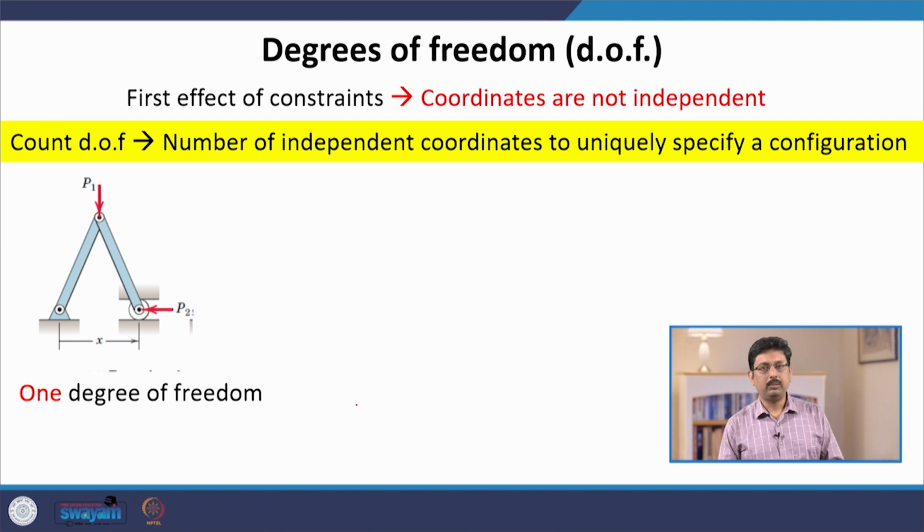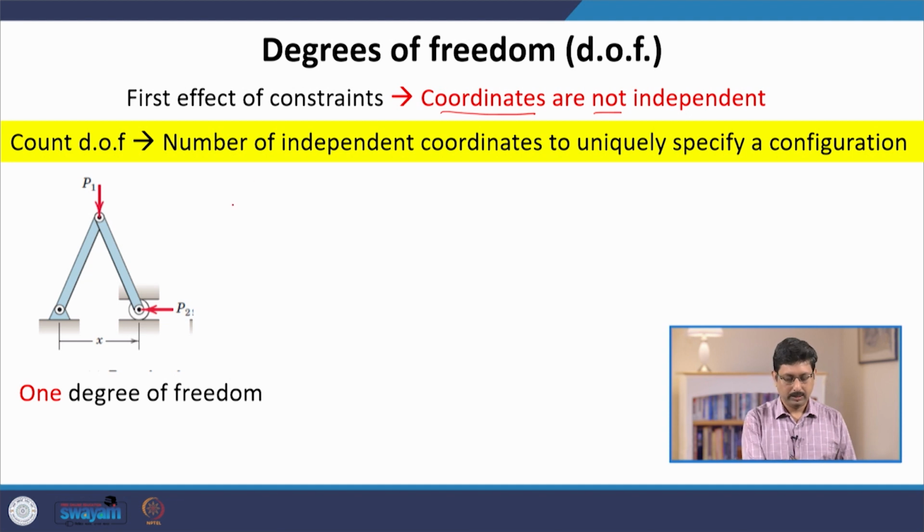Now, we come to the first effect of constrained motion. What this example shows is that if you have a constrained motion, then the coordinates that describe the position of your system are not independent. Then naturally we ask the question: how many coordinates are actually independent?